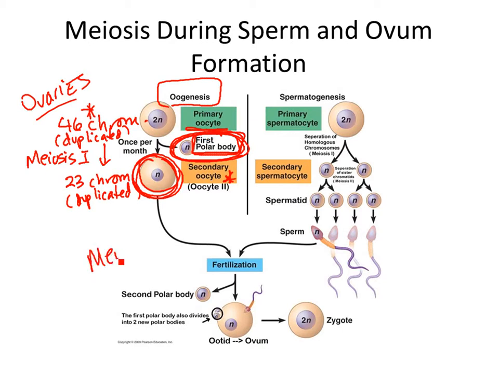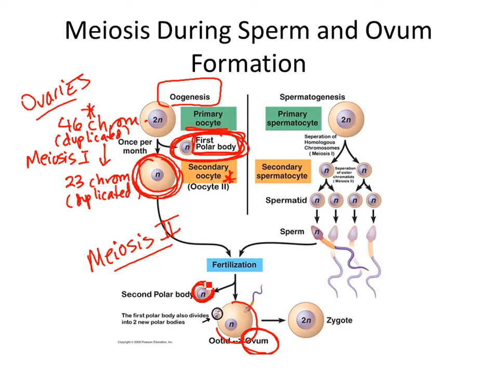Meiosis II, again, that's the process where these duplicated 23 chromosomes have to be split up among daughter cells. So the secondary oocyte will undergo meiosis II, and that's going to very briefly generate the mature egg cell that's called an ovum. The other daughter cell from meiosis II is going to become another polar body that you see here.